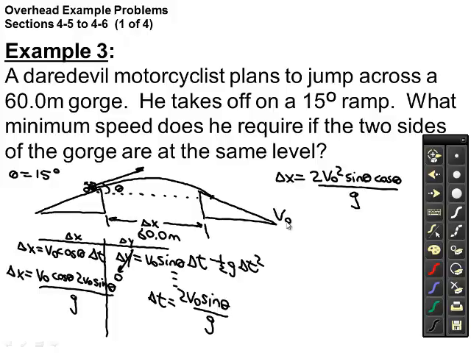So v naught is the square root of delta x g over 2 sine theta cosine theta. Okay, check that out. Make sure I did it right. It's still 0 hour, so my brain is waking up.